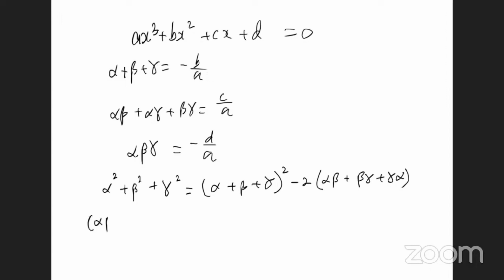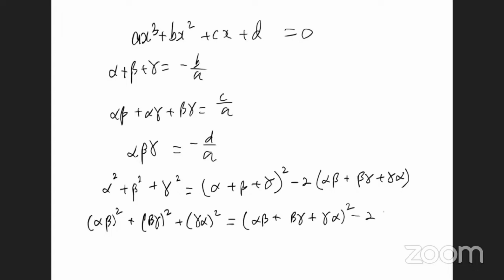And in case they ask you alpha beta squared plus beta gamma squared plus gamma alpha squared, that will be (alpha beta plus beta gamma plus gamma alpha) squared minus 2 alpha beta gamma times (alpha plus beta plus gamma).